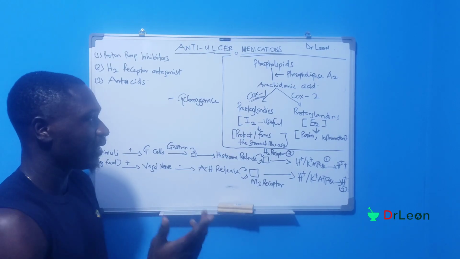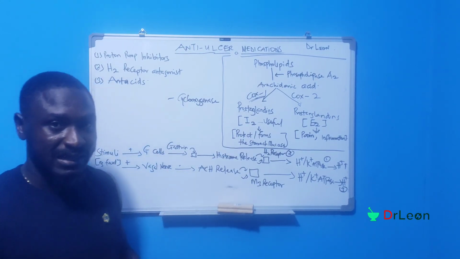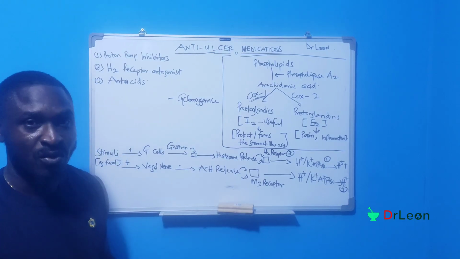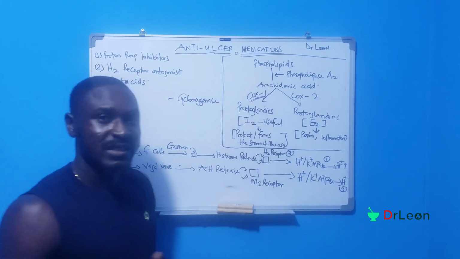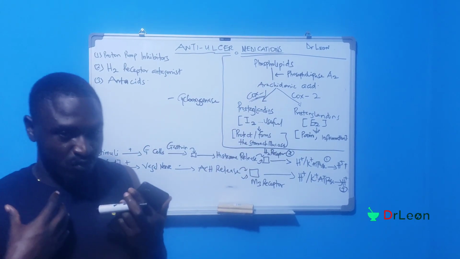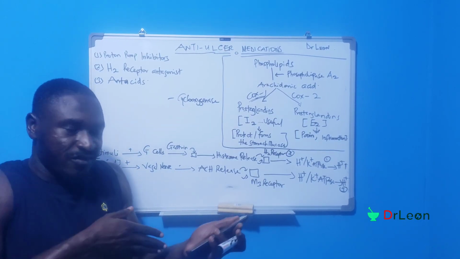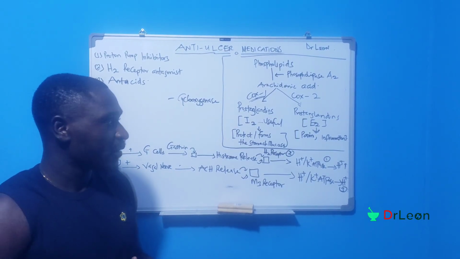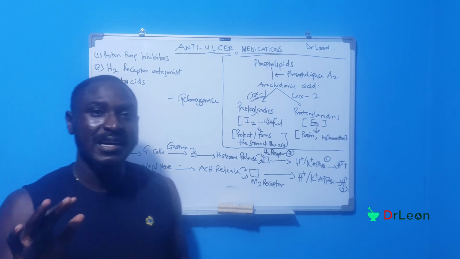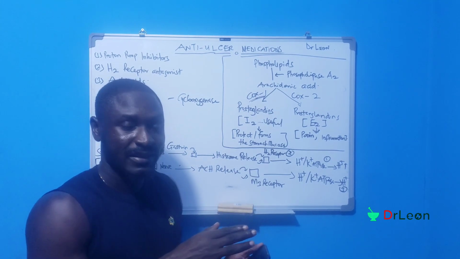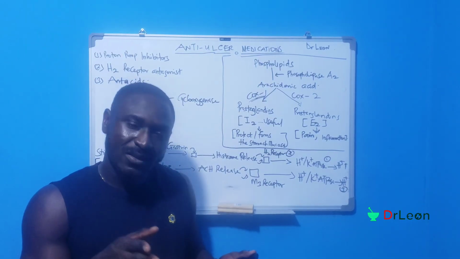So we have two things: COX1, producing a prostaglandin that the body uses to protect the stomach wall, and COX2, a prostaglandin that makes you and I, when we get injury, feel the pain. So basically, this is how NSAIDs work to treat pain and also cause ulcer.